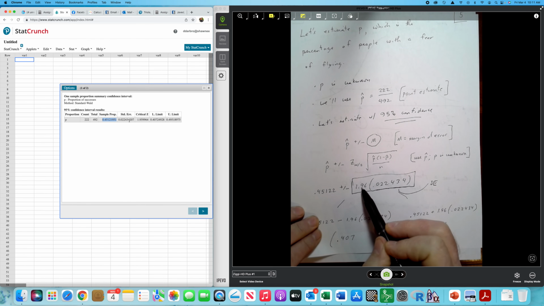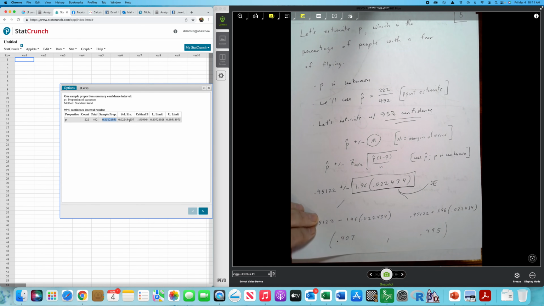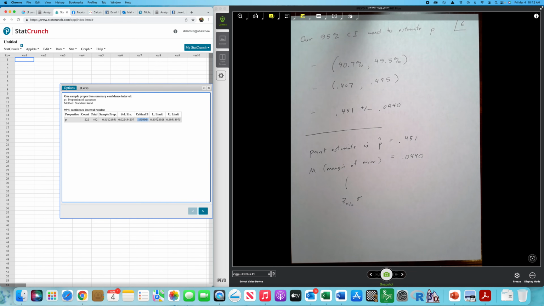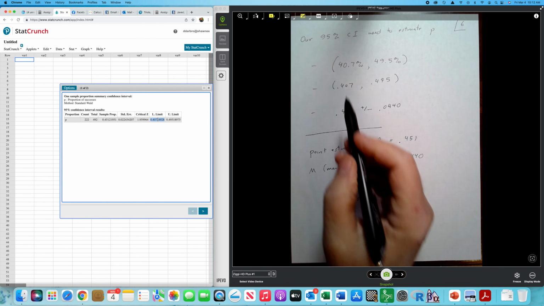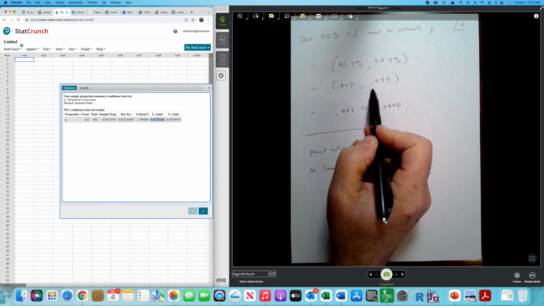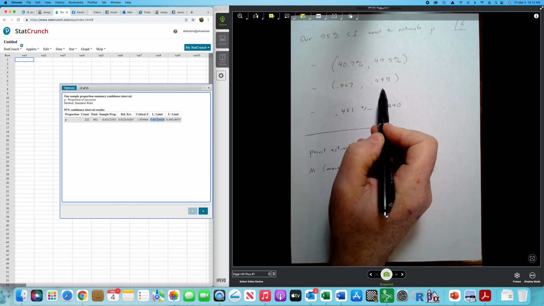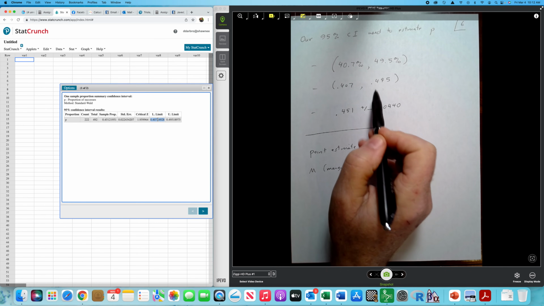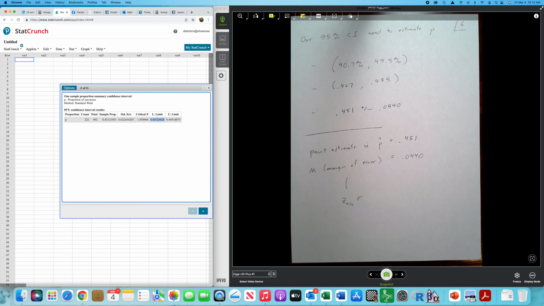The critical Z, 1.96. Right there. You can see that the left limit of our interval is 0.407. And you can see that the right, well, it calls it the upper limit, is 0.495. So you have to work a little bit to get this, but that should evolve very easily from there.